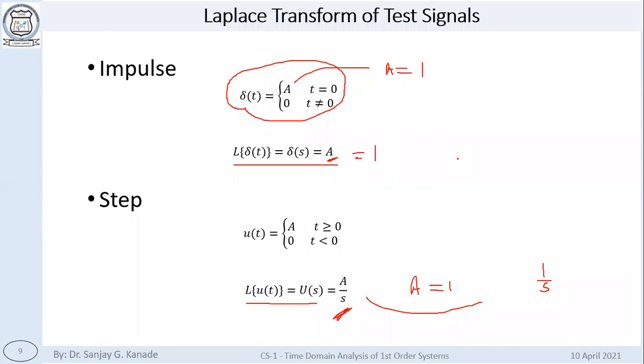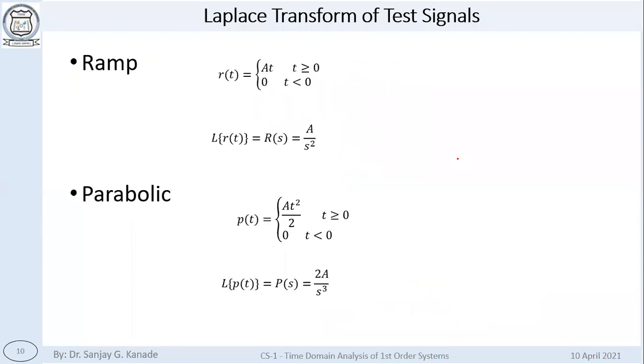Everything that you are studying will fit in. The Laplace transform of ramp, that is the Laplace transform of at, is A upon S square, and for the parabola it is 2A by S cube.